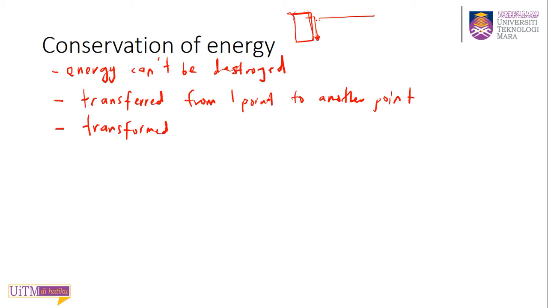So there is an energy transform here, transferred from one point to another point. And here there is MGH, kan. The potential energy is regarding the height, the elevation. So whenever you drop, there's a potential energy being transformed. Okay, that's an example. So there are three types of energy, as I mentioned here.